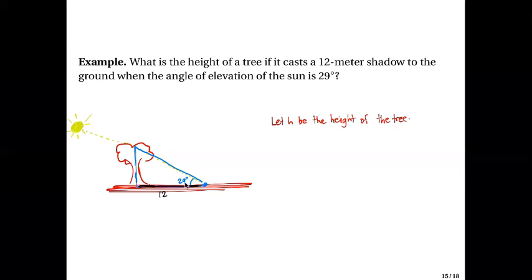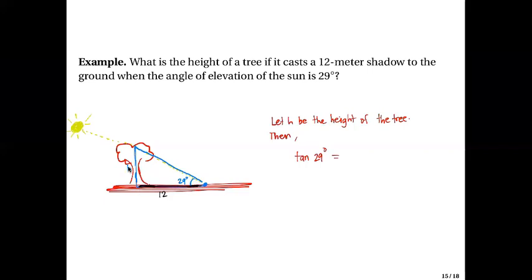Okay, you are given the 12 meters, which is the adjacent, and you are asked to find the height, which is the opposite side. So opposite and adjacent are involved. So we can use tangent. Then we have tangent 29 degrees, TOA.